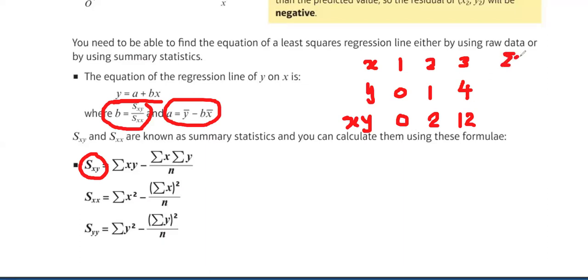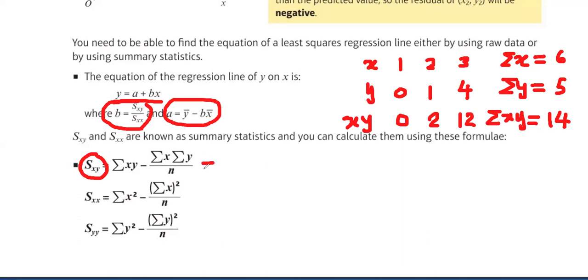Sigma x is the sum of x values: 1, 2, 3, total is 6. Sigma y: 0, 1, 4, total is 5. Sigma xy: 0 plus 2 plus 12, 14.